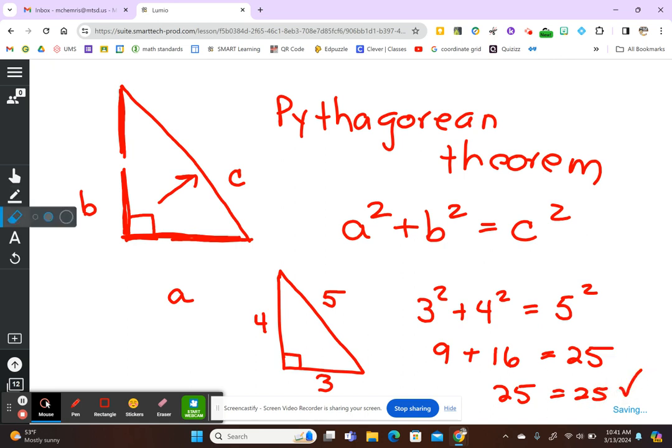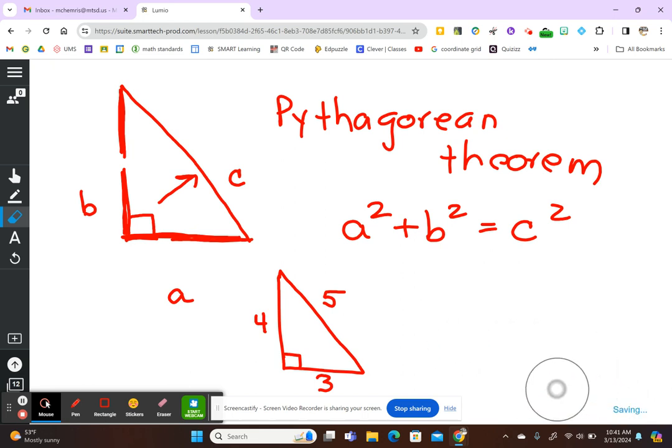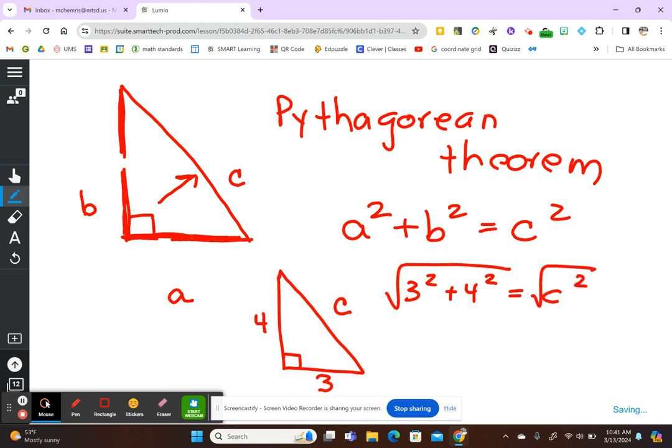Now, the kinds of problems you might see is they will tell you, okay, your two legs are 3 and 4. How long will C be? So to solve this, I say 3 squared plus 4 squared equals C squared. I'm going to square root both sides.